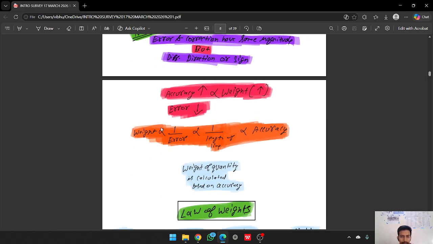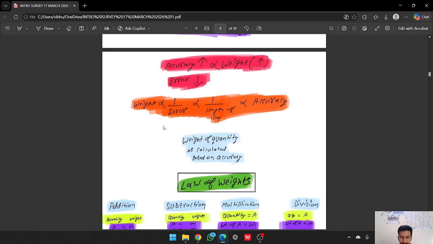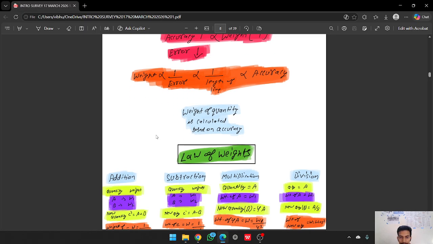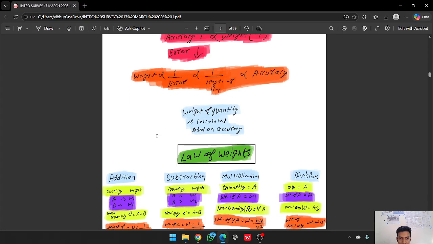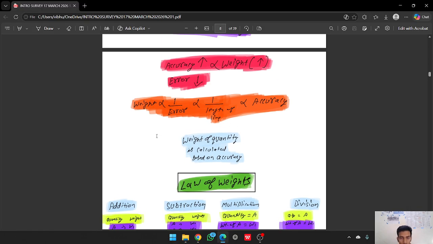Now we have to discuss the last topic of this introduction: the law of weight, which is a subtopic of this intro topic. Law of weight means accuracy. Weight is directly proportional to the accuracy, inversely proportional to the error, and inversely proportional to the length of the line.